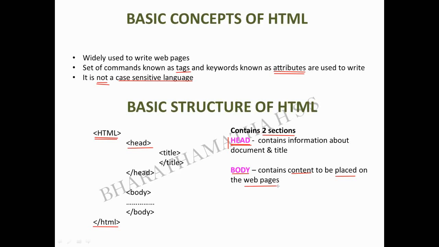You just click on one and the pages are opened over there. So whatever you see on the screen is known as the contents of that web page. So those contents will be placed in your body section.